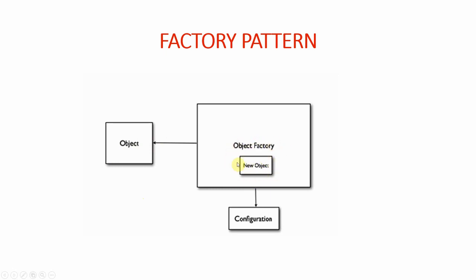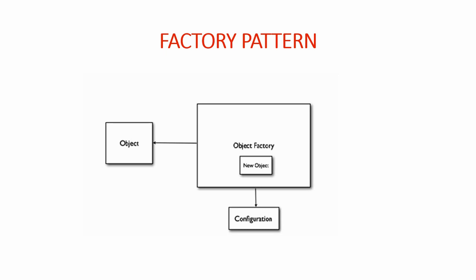Then the object factory creates the new object and returns this object to us. So that's how Spring behaves. We request an object from the object factory, the factory creates or provides an object to us, and then we have this object.